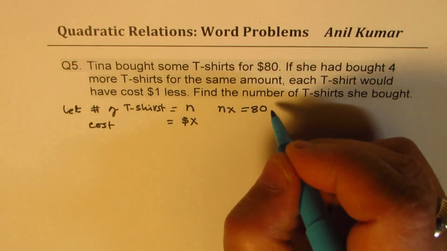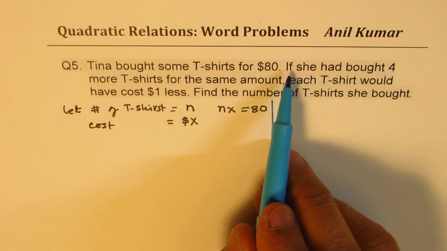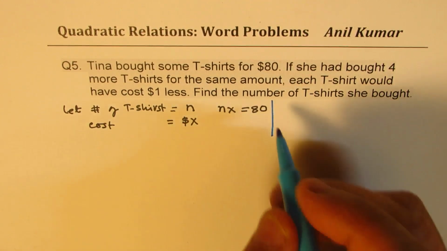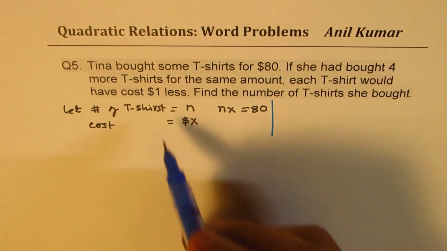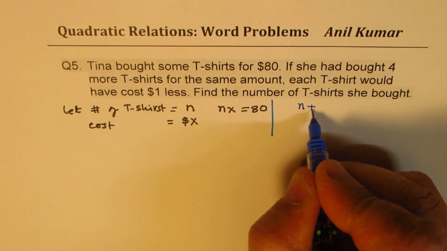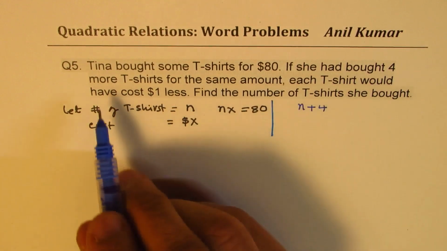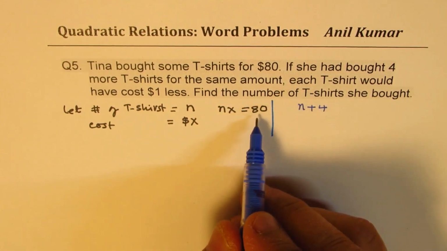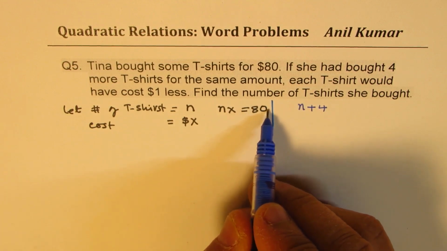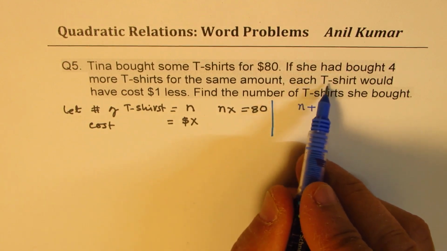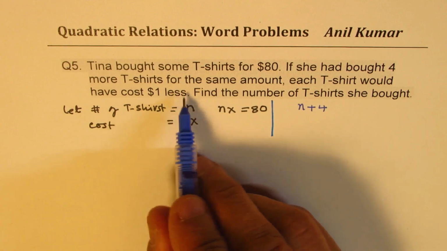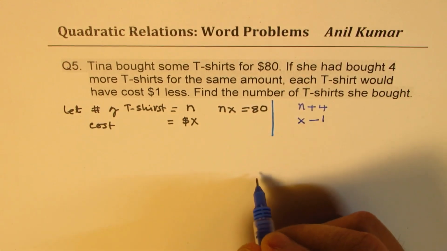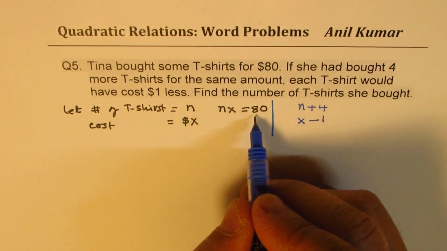Now the second condition given to us is, if she had bought 4 more t-shirts, that means the number is 4 more, n plus 4, for the same amount of $80. Each t-shirt would have cost 1 less, so the cost would have become 1 less dollar, right? And the amount is 80 only.